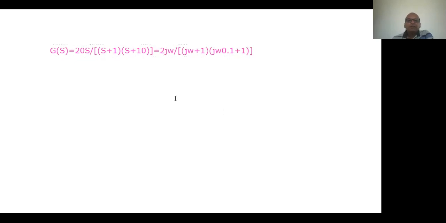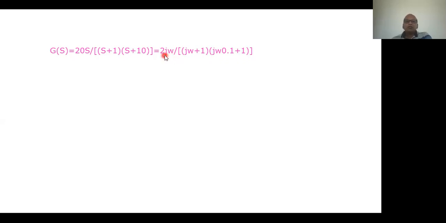Considering the factors one by one, here we have a zero at the origin. We have considered in the previous lecture the pole at the origin.